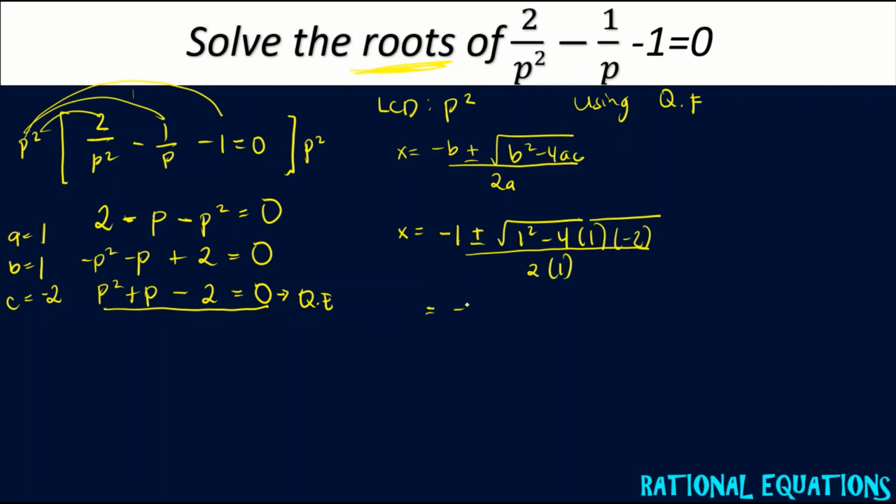Then it is equal to negative 1 plus and minus square root of 1 minus 4 times 1 times negative 2, magiging plus 8, all over 2 times 1, which equals 2.